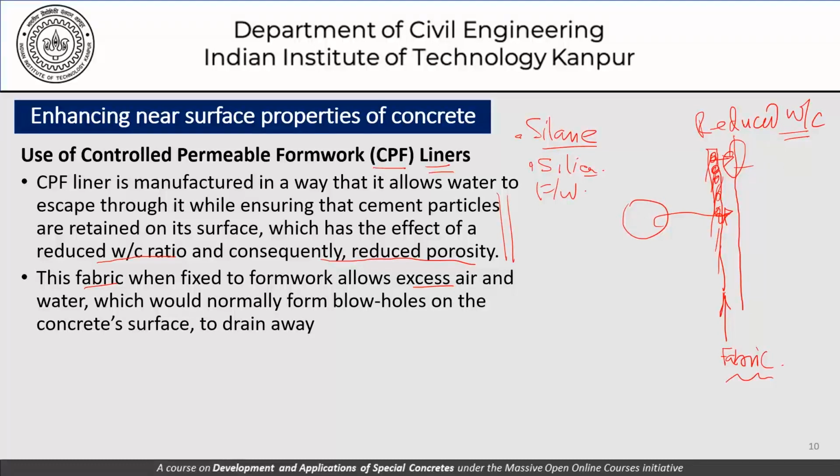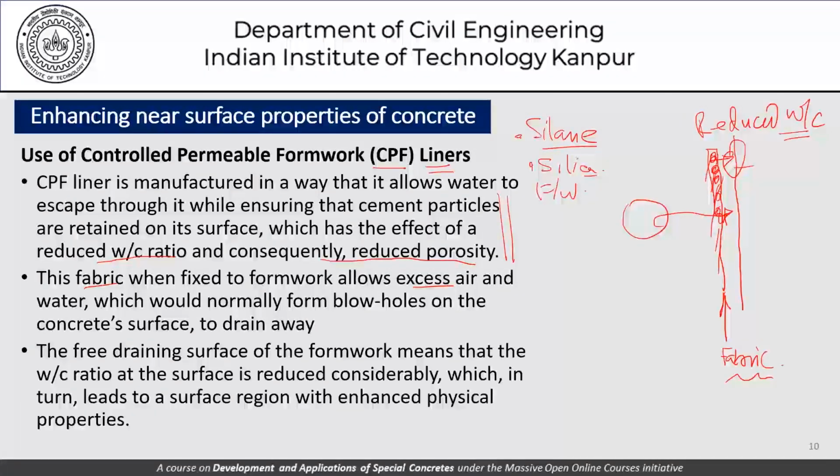These fabrics, when fixed to formworks, the way I have shown here, allow excess air and water to be drained out, with the final effect of reduced water-cement ratio in the neighborhood of formworks. So the free draining surface of the formwork means that the water-cement ratio at the surface is reduced considerably, which in turn leads to a surface region with enhanced physical properties.